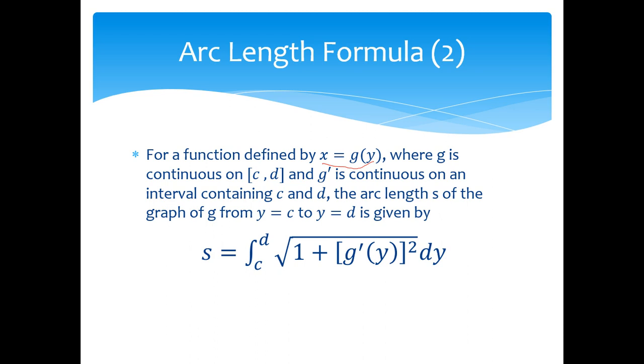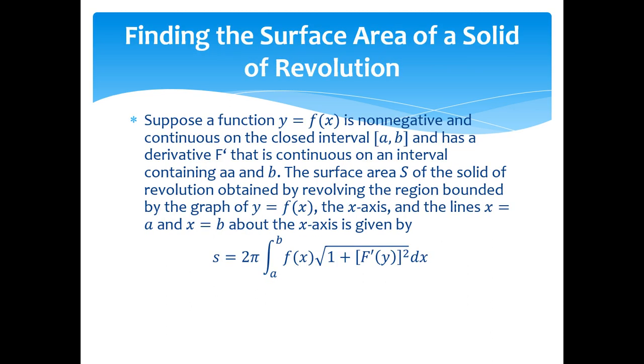Here we are integrating in terms of y, and what we are partitioning is y. Also, finding the surface area of a solid of revolution can use the arc length times 2 pi f of x. That gives you the surface area of a solid of revolution.